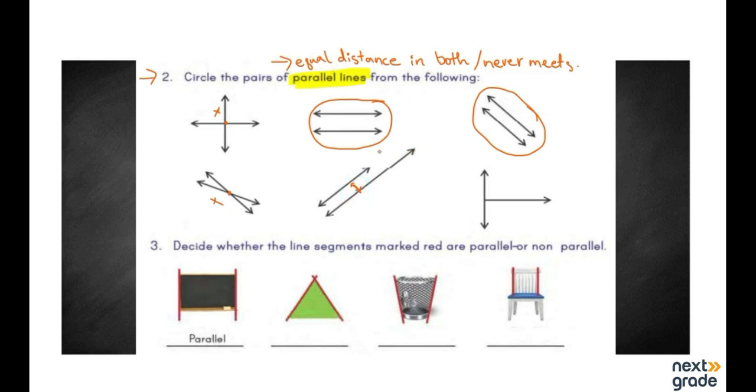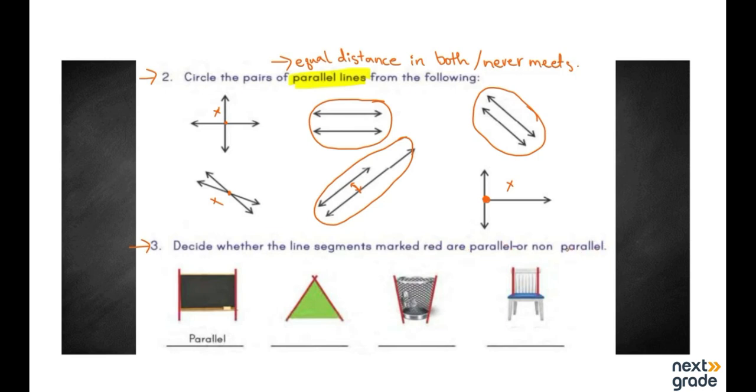So we are gonna circle this one as well because it's a parallel line. Next we have this line which is clearly intersecting over here at this point, so we'll say that this line is not a parallel line, this line is a non-parallel line.